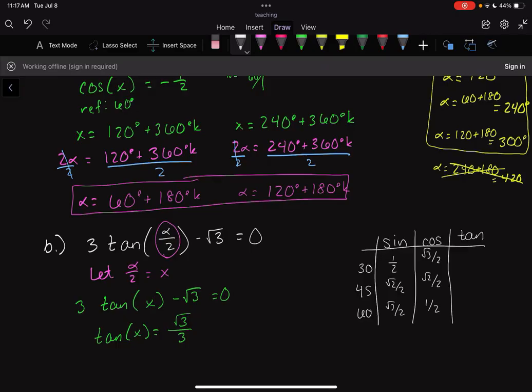Tangent is sine over cosine, so in this case it'll be 1 over root 3, 1, and root 3. Root 3 over 3 is the same as 1 over root 3. So be careful whenever you maybe see them in there. If you're used to seeing them rationalized or unrationalized, you may see the other version sometimes. So be very careful about that.